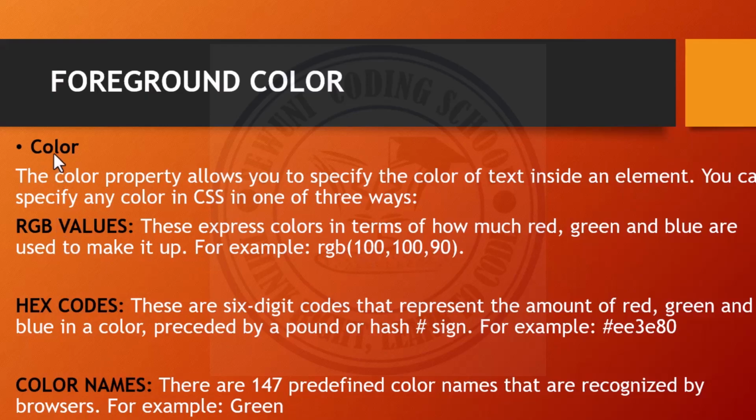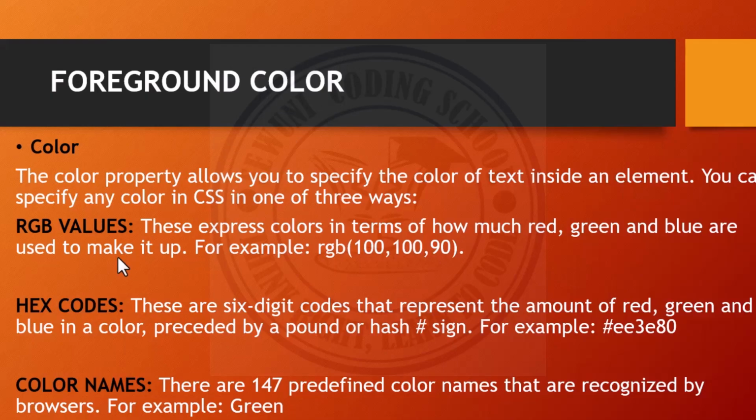Mind you, the spelling of color is COLOR, not COLOUR. We are using the American spelling of color and not the British, so be mindful of the spelling of color. Throughout our lessons it is going to be color.